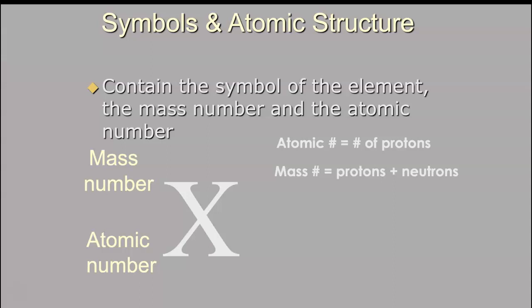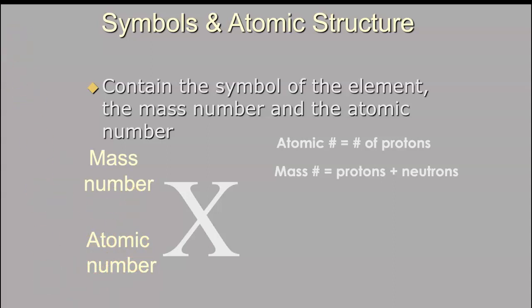All right, and so you'll probably want a periodic table for this next little part because I'm going to show you how to take the information from the periodic table and write it in a shorthand way. And so the first thing we do is we would take the element symbol and replace it by X, the mass number at the top, so we're kind of flipping it from the periodic table, and the atomic number, that's again what identifies the atom, it's our number of protons, at the bottom.